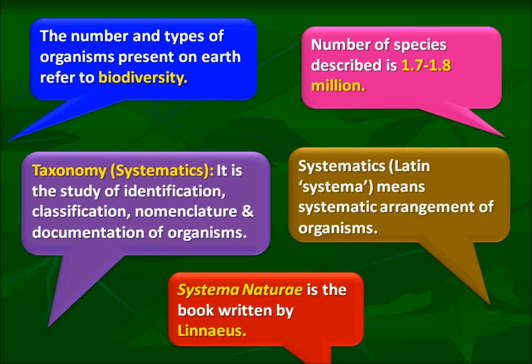Because we have such a large number and type of organisms, there should be a proper arrangement of these organisms into different groups. Suppose in your class there are about 40 students.